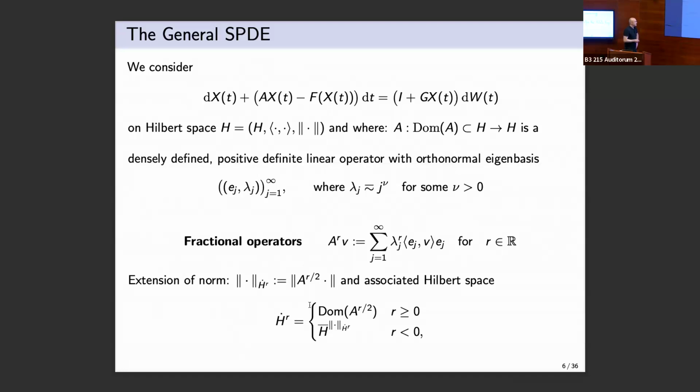These Hilbert spaces are denoted Ḣ^r. So Ḣ^0 is the original Hilbert space, and if r is positive, then this Hilbert space is going to be a subspace of your original Hilbert space, and if r is negative, then it's going to be a superspace of that Hilbert space.